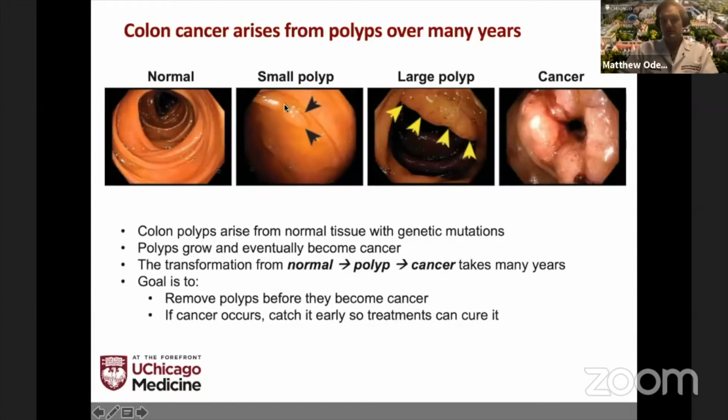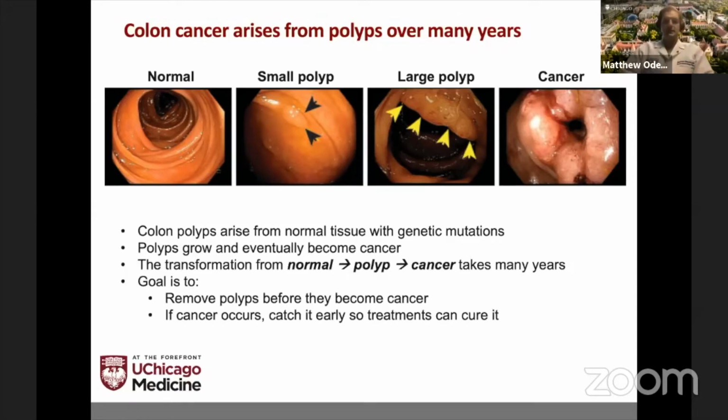It's so small that you may even miss it if you were looking for it, so I've put arrows around it. There's this really small area that's not quite the same as the surrounding mucosa. Then there's a large polyp in the next picture, a bit bigger, and then a full cancer on the far right side. In this full cancer, you can see a very narrow lumen, or narrow opening, and that is causing some symptoms.